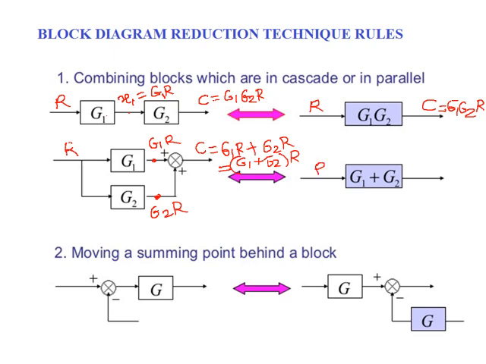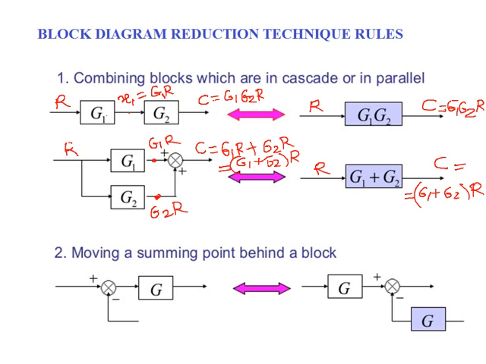So again we will label this R and this C. What will be the resultant here? C is equal to gain into input. What is gain? Gain is G1 plus G2 into R. Look at these two outputs, C and here, these two are matching. So we will summarize these two rules again.